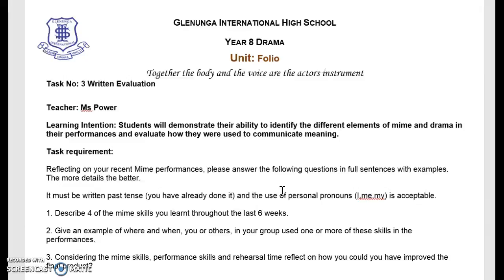The first question asks you to describe 4 of the mime skills that you learnt throughout the last 6 weeks. So remember, when we're talking about mime skills, we're not talking about our general performance skills. We're talking about those specific to movement and mime. So you might talk about isolation.